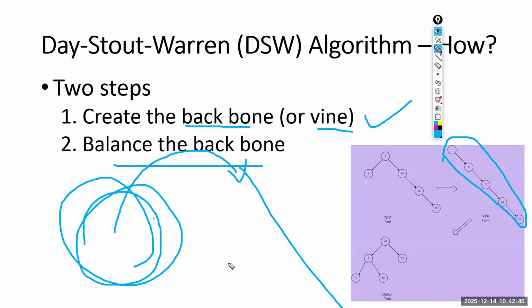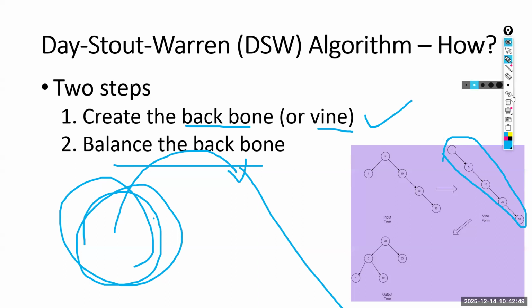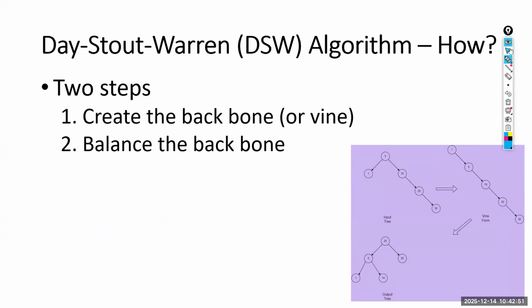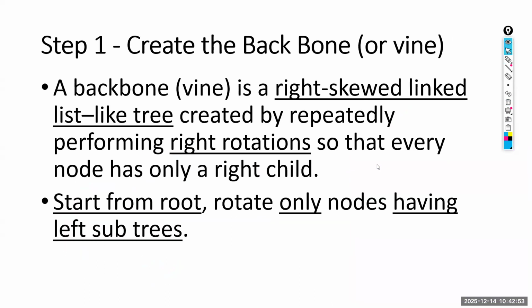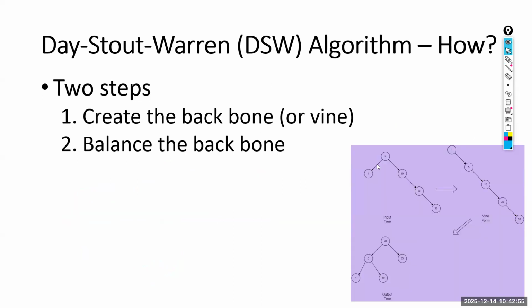Then you will end up with a balanced and also complete binary search tree. Though it looks complex, it's actually not very complex. Actually, this is easier than the previous step, because in the previous step you have single rotation, double rotation, and so on.